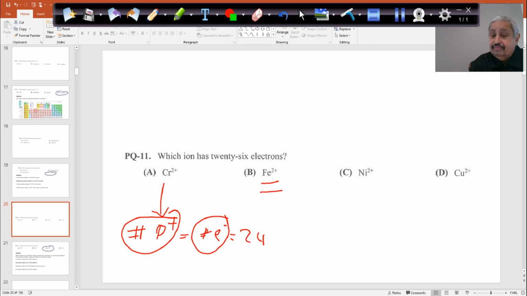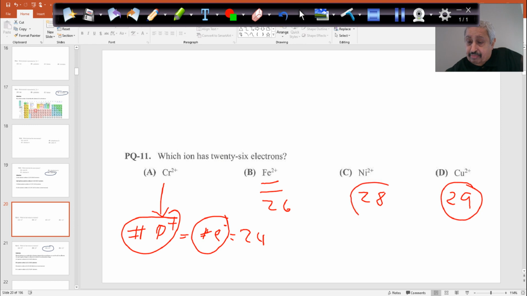So how many for iron? 26. Perfect. Nickel? 28. This is a neutral element, correct? And copper, 29. This is the number of protons and the number of electrons.